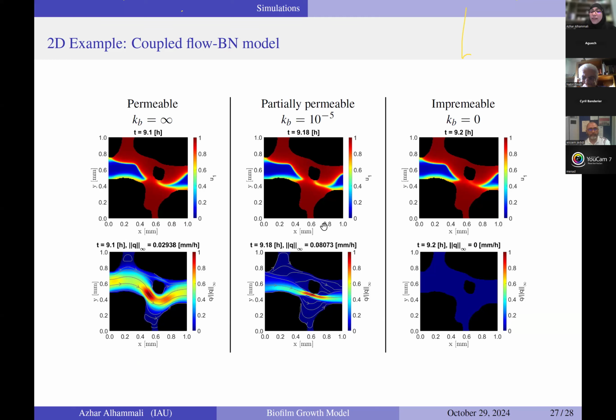Here we implemented the cell-centered finite difference method, not the mixed finite element method, because as I mentioned, it's easier to implement and it's equivalent to RT0, the mixed finite element method, up to a quadrature order.